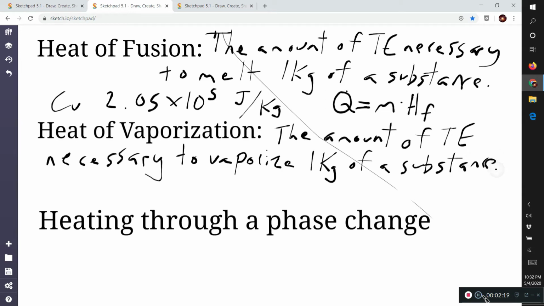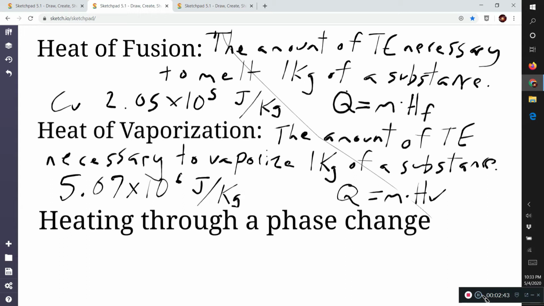Now, the formula for that is the heat equals the mass times the heat of vaporization. As a comparison, the heat of vaporization for copper is 5.07 times 10 to the sixth joules per kilogram.